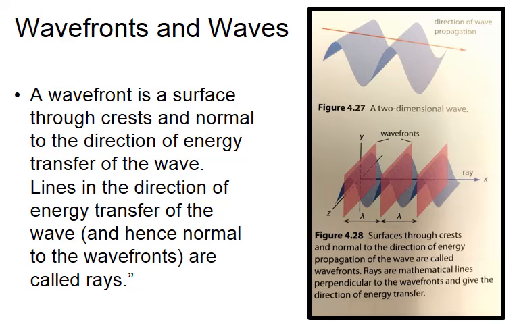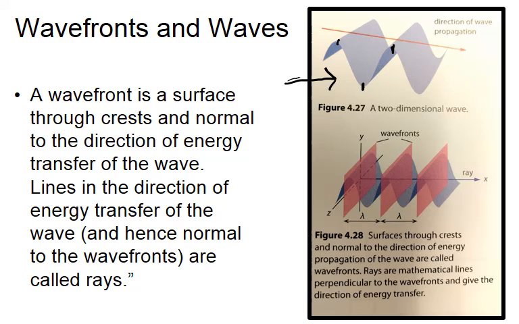If you're looking at a two-dimensional wave, if you look at the picture in the top here, and the wave is going from left to right in this case, right? The crests are right here, the troughs are right here, and the wave fronts are perpendicular to the motion of the wave in this case, right?